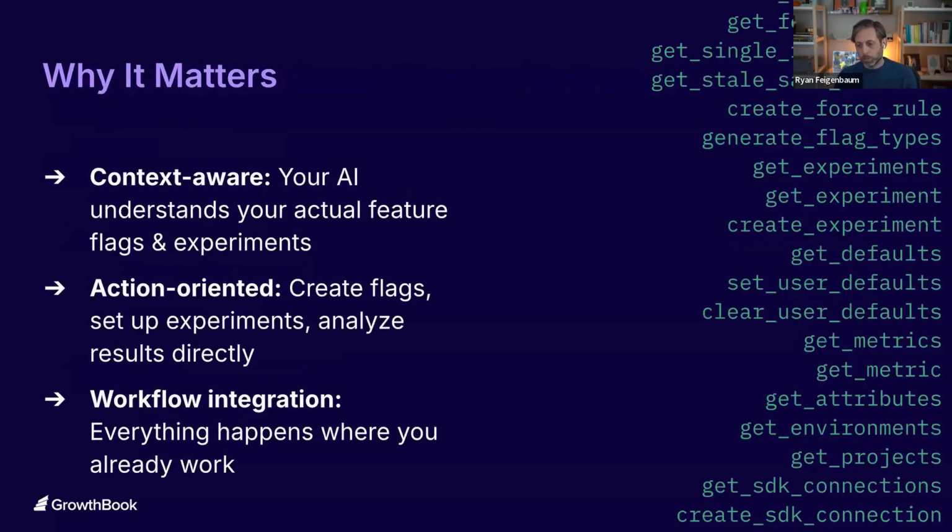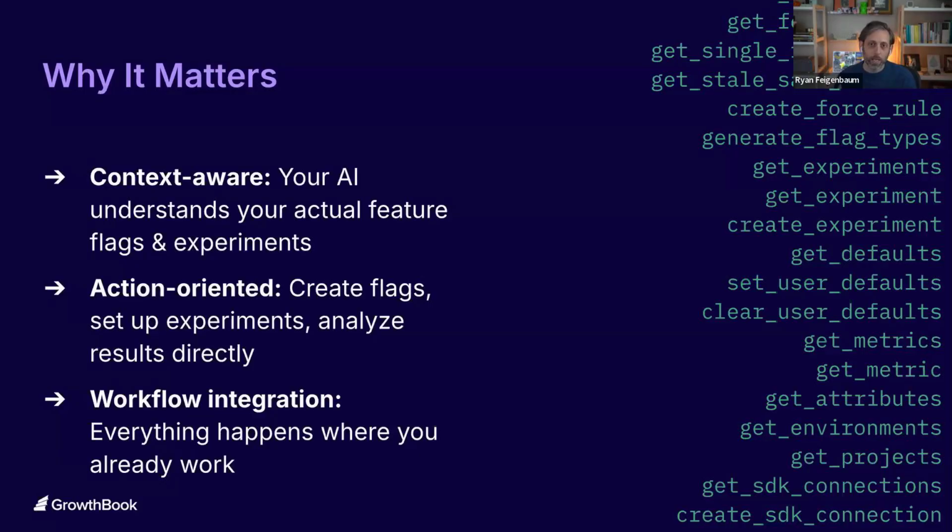And that's what we're going to look at in this webinar. So why it matters, in particular in reference to GrowthBook, is that all of a sudden your AI tool becomes very context aware. It knows what your feature flags are, what your experiments are, what your metrics are. It has a lot more data to go on, like real-world data, so it's not giving generic answers, but very specific answers. It's also action oriented, which follows what I just said about why MCP is important.